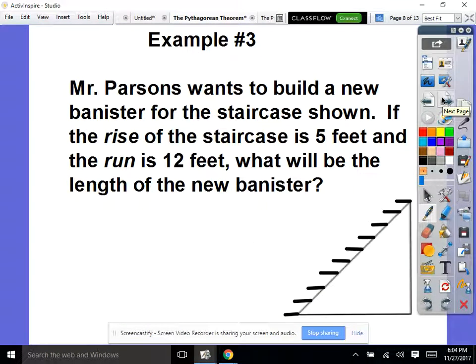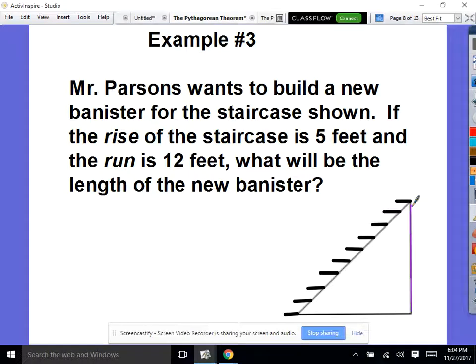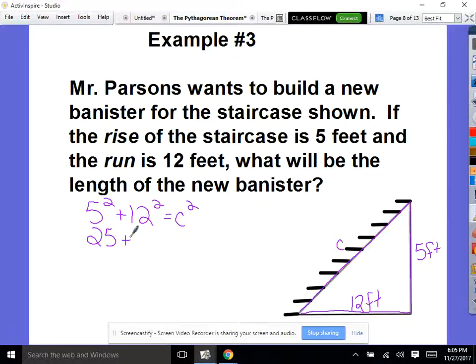Mr. Parson wants to build a new banister for the staircase shown. If the rise is 5 feet and the run is 12 feet, then we need to know this. So this, once again, is our C. So we can do 5 squared plus 12 squared equals C squared. 5 squared is 25. 12 squared is 144.